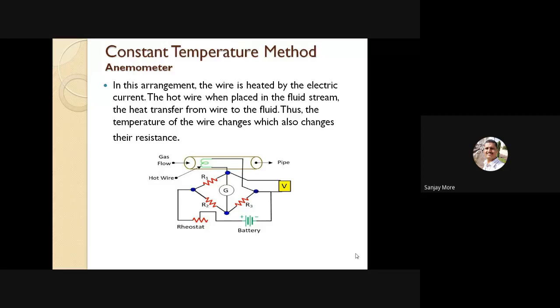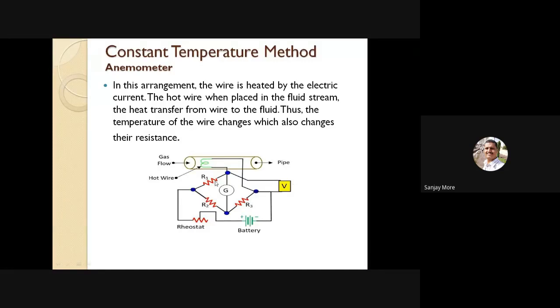See the construction and working of the constant temperature method anemometer. Same diagram will be there, only here a voltmeter is used to measure the changes in voltage.